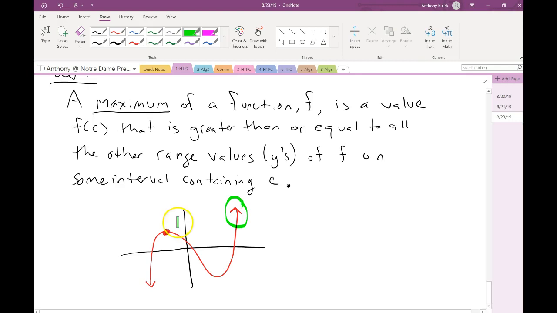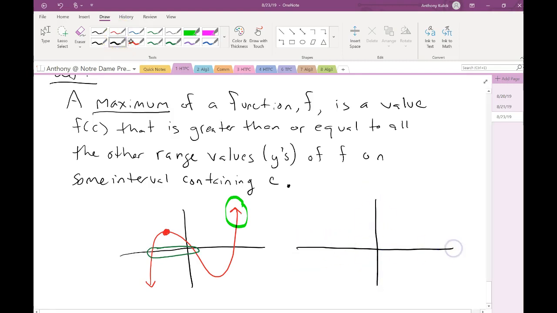But if I pick some interval, like say from here to here, it is the highest point on some subinterval, but it's not the highest point for the entire domain. Okay with that idea? This graph has no global maximum because the graph continues to go up forever. Everybody okay with that idea?